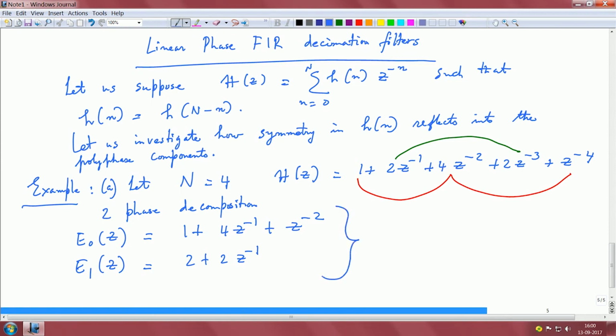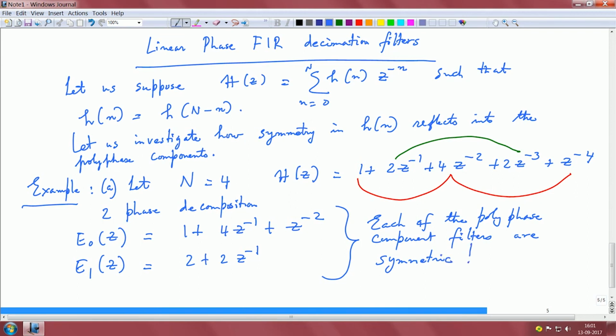And if you observe this carefully, right, basically these filters are symmetric, right. So, each of the polyphase component filters are symmetric. And one can think about how you can exploit symmetry to do your filtering operations efficiently, right.